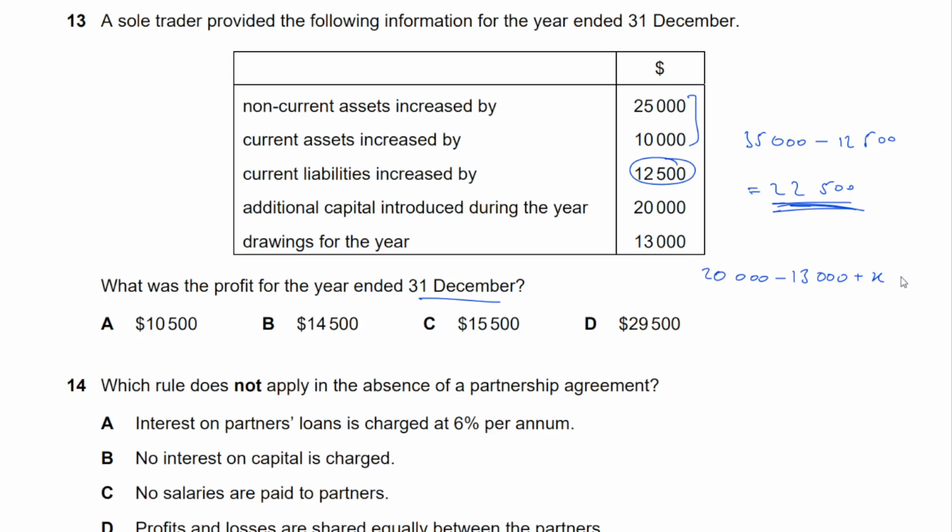We don't know about that, and that will cause the overall change of 22,500. Let's solve the simple maths here: 22,500 minus 20,000 plus 13,000. It's going to be 15,500. Option C.